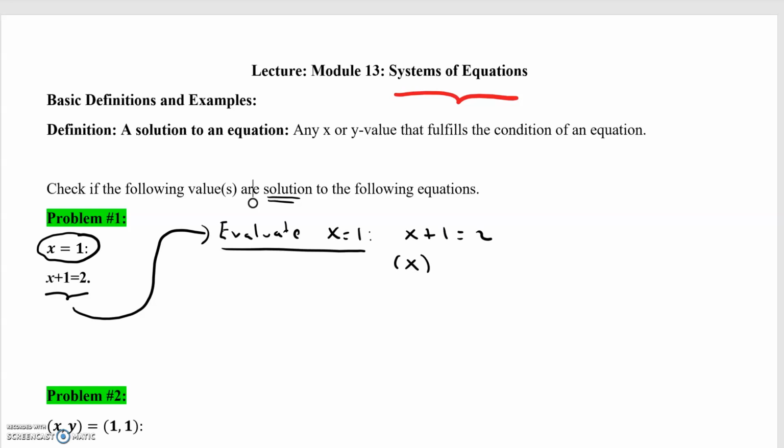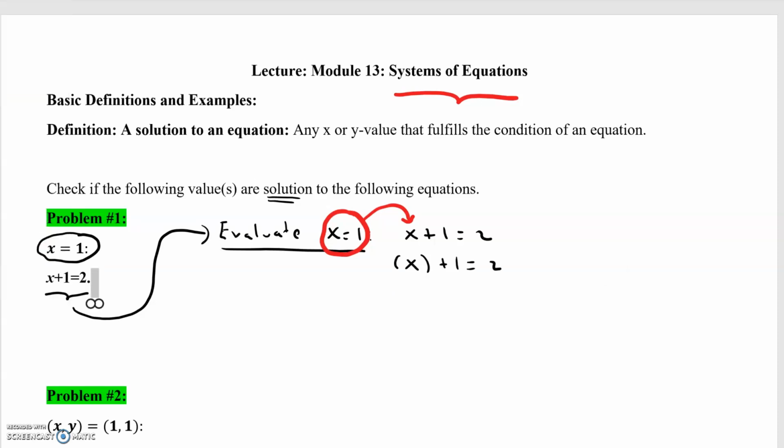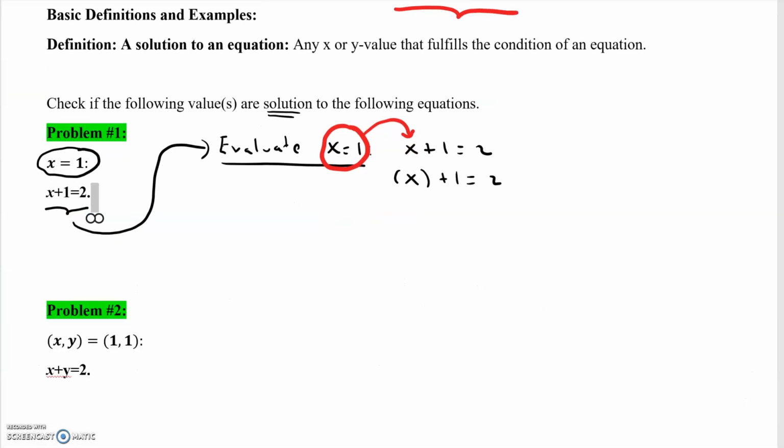And technically, I'm going to put parentheses: x plus 1 is equal to 2. And then we're simply going to plug in the given x value or y value. In this case, it's just an x, and then see if it satisfies the condition. If it does satisfy, you're going to end up with a true statement. So in this case, we're going to be looking at the value of 1 plus 1 is equal to 2, or 2 is equal to 2.